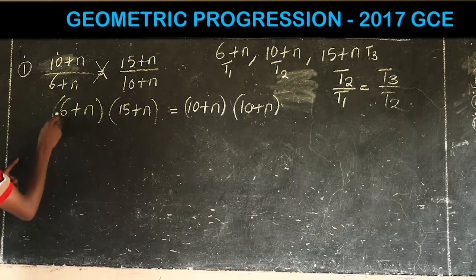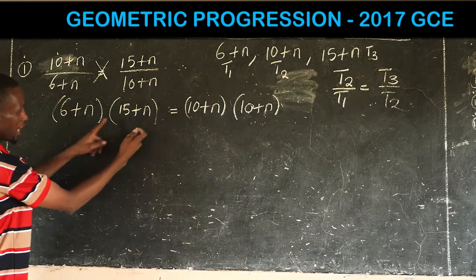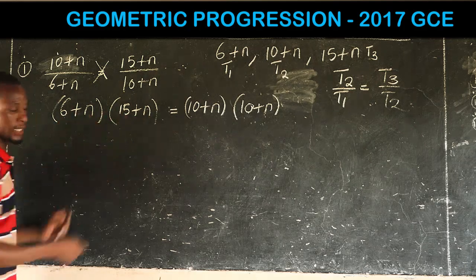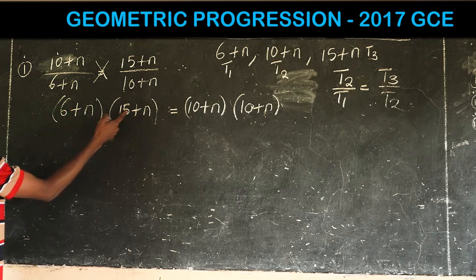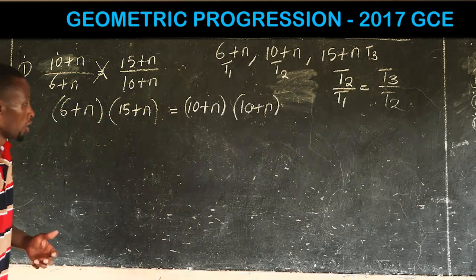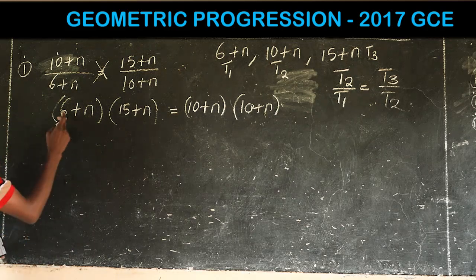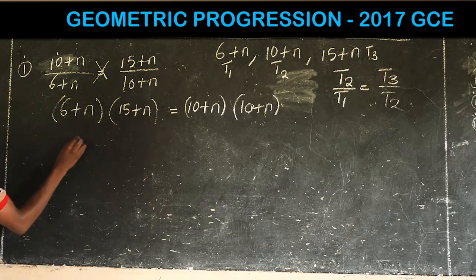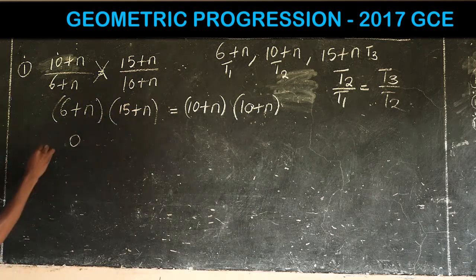We multiply these two terms in the first bracket by each and every term in the second bracket. Starting with 6, 6 times 15. Since this is paper 2, you can use a calculator there. 6 times 5 is 30, so we have 0 and carry 3. 6 times 1 is 6 plus 3, we have 9, so 90.